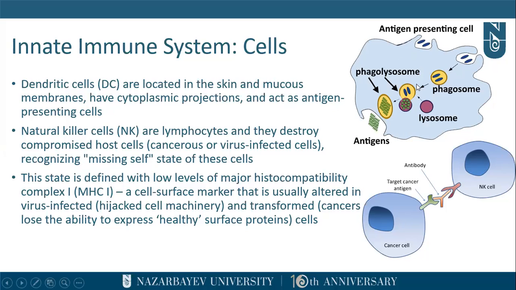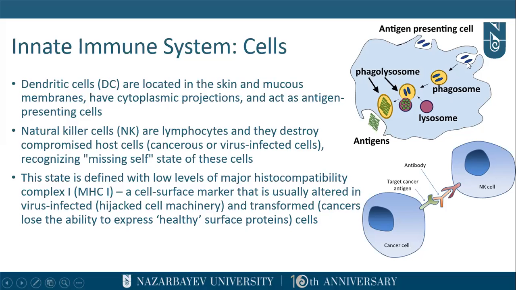If you look at this nice picture, this is your dendritic cell, and as you can see, they have these dendrites. They are not as round as a cell, but they have these protrusions, which are made evolutionarily to engulf the microbe.